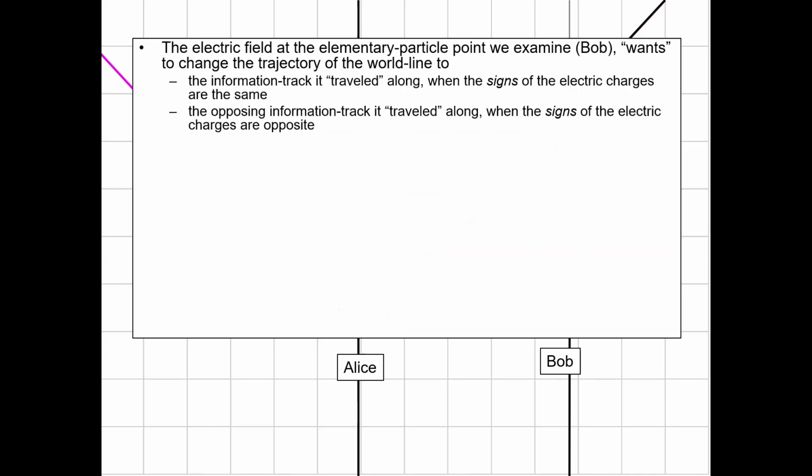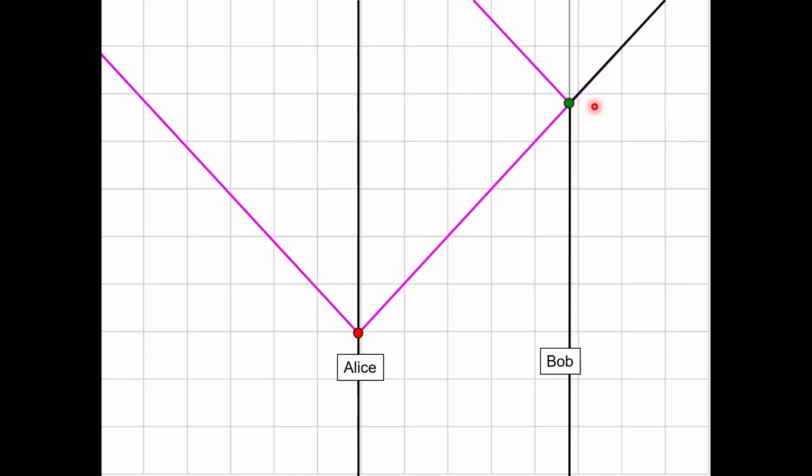But if the signs of the electric charges are opposite, then the electric field wants to change the trajectory of the world line to the opposing information track it traveled along. So again, if we look at the same point, but in this case we say the electric charge of Bob and the electric charge of Alice are of opposite signs, so one is plus and one is minus.